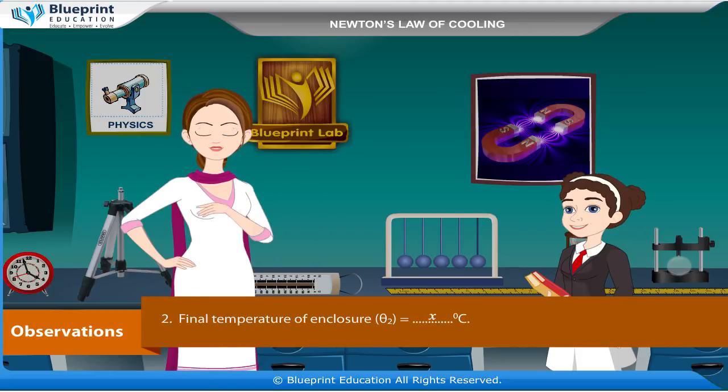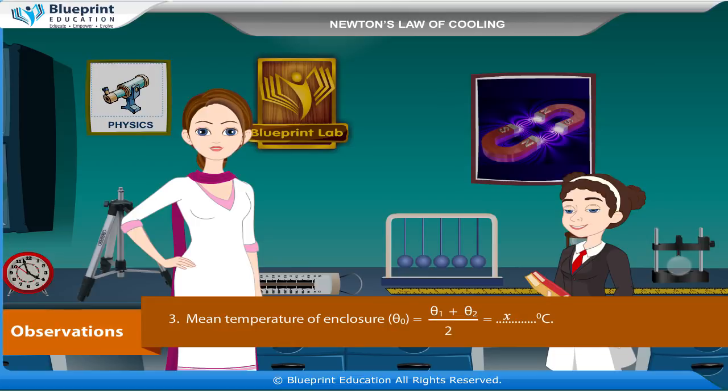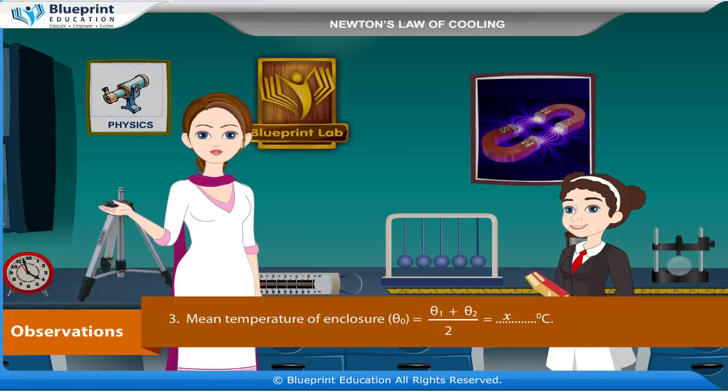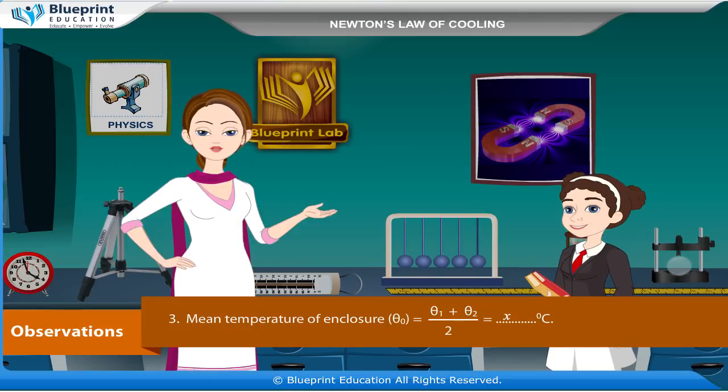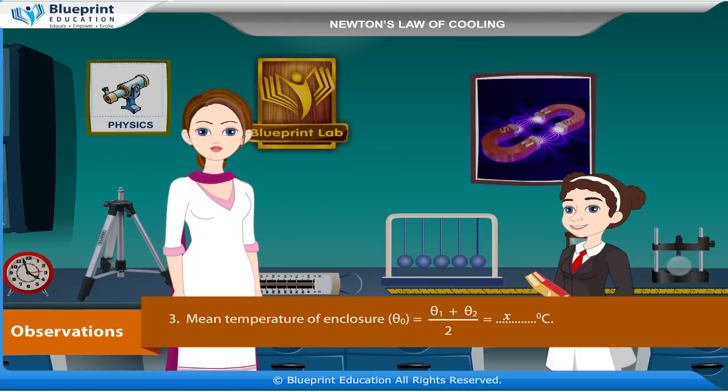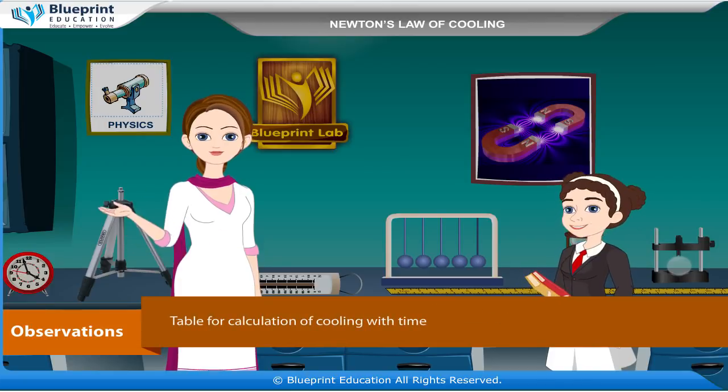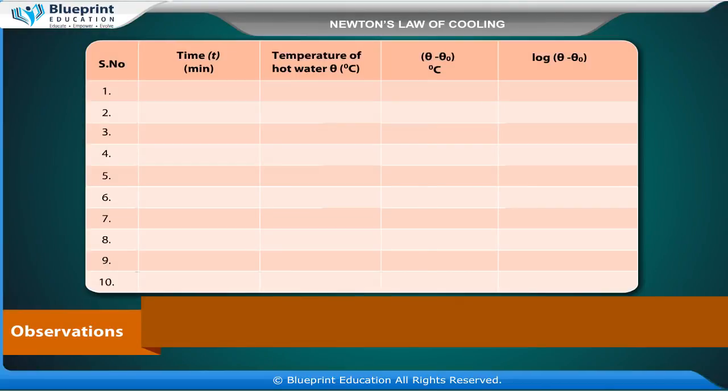Final temperature of enclosure θ2 is equal to x degrees Celsius. Mean temperature of enclosure θ0 is equal to (θ1 + θ2)/2, equal to x degrees Celsius.